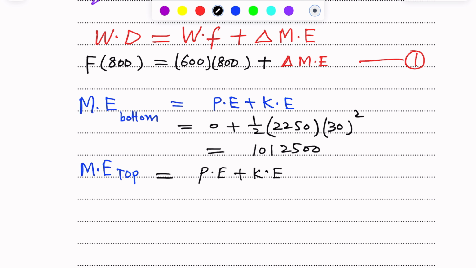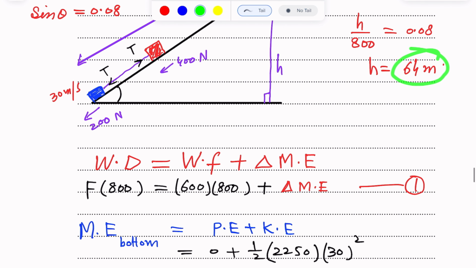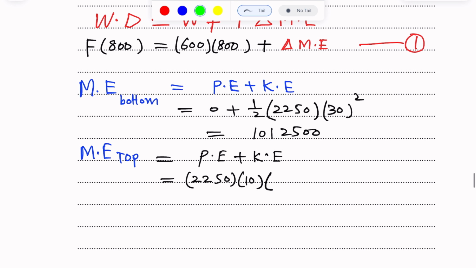So potential energy will be mgh. M is 2250, the total mass of trailer and car. Mg is 10, and h is what we have found, that is 64 meter. Plus kinetic energy, 1 over 2 mv square.